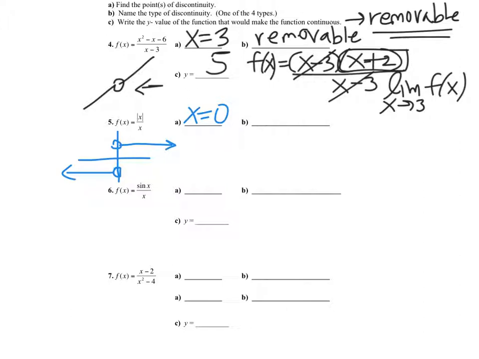There's no point at x equals 0, there can't be, because x cannot equal 0. So that would be a jump in the graph because of this gap right there.